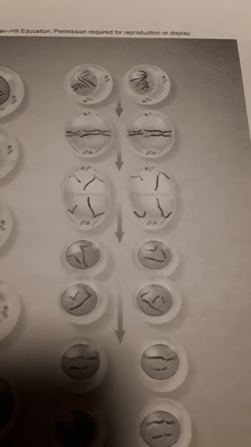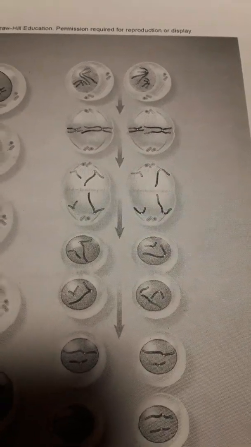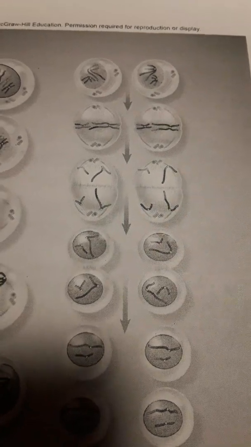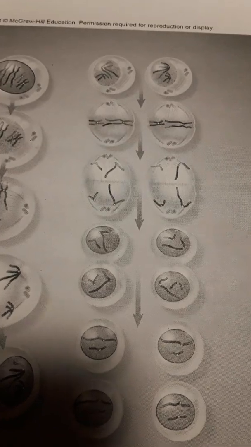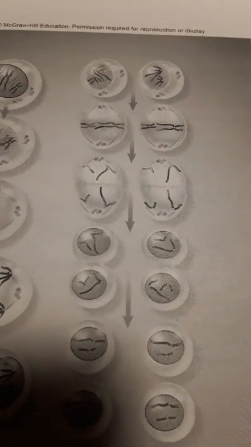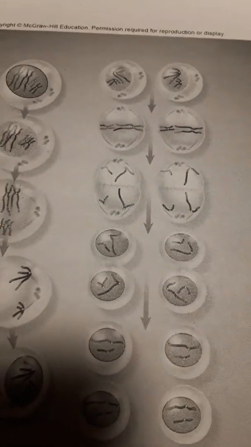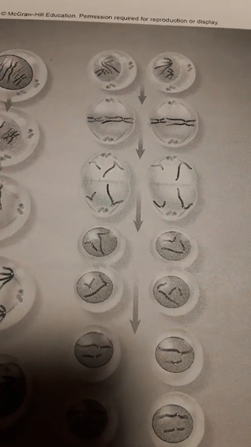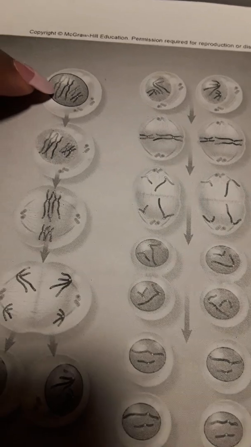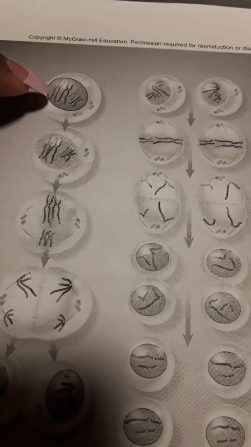As you can see here, you have the centromeres and the chromatids. They begin to pair with the homologous partners. This process is helped along by these little things within here, which are the centrosomes.